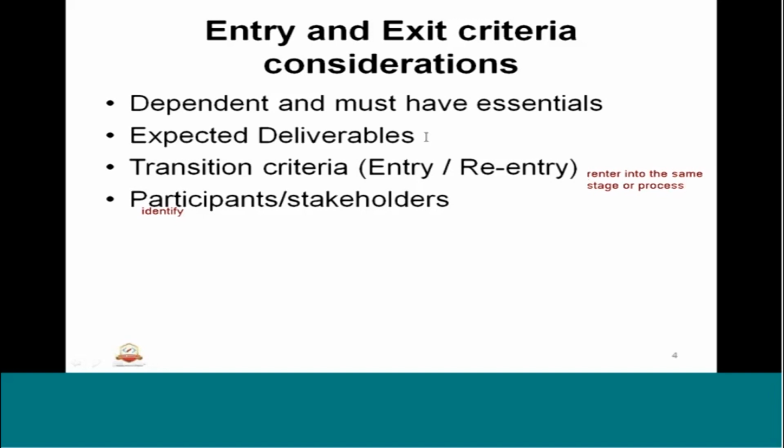Expected deliverables are for each of the stages, and there are certain dependent and must-have items for each of the stages that need to be identified. So basically, that must be considered. These are some of the considerations that need to be used for entry and exit criteria of the life cycle process elements.